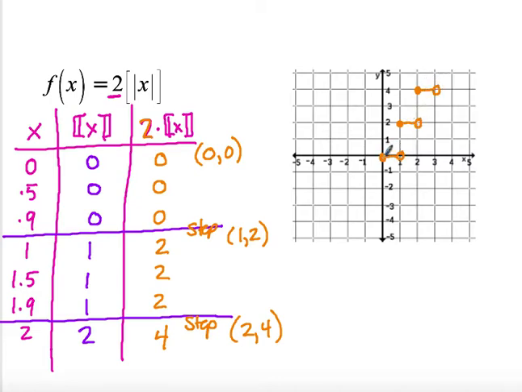Now, if I continue that pattern, it's going every 2 steps. It's being stretched apart because of that multiplication by 2. So my domain's not going to change.